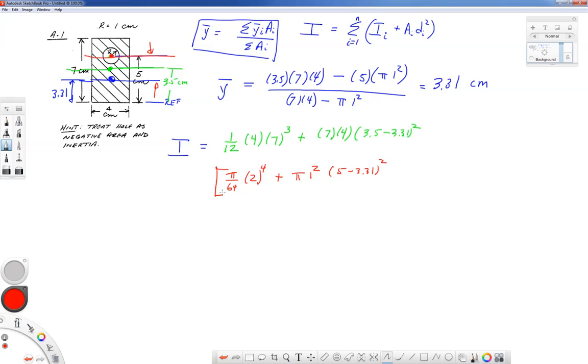And because we're taking this away, because it's a hollow portion, I'm going to put a big minus sign in front of that entire term. Let me come up with that number here for that value. All right, and so after putting those numbers in, I got 105.6 centimeters to the 4th power. Our moment of inertia term will have units of length to the 4th power. All right, let's take a look at the next one.